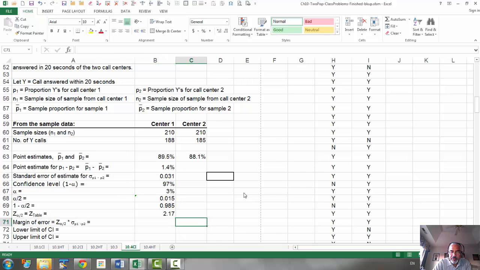Then you multiply z with the standard error and you get the margin of error.